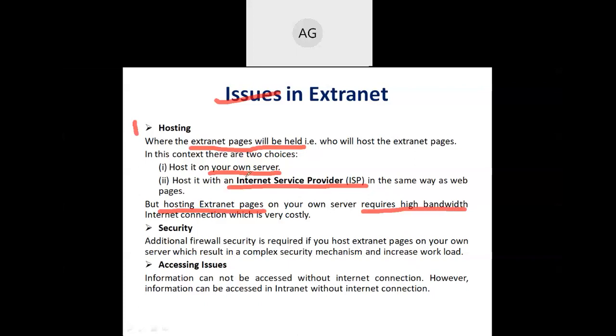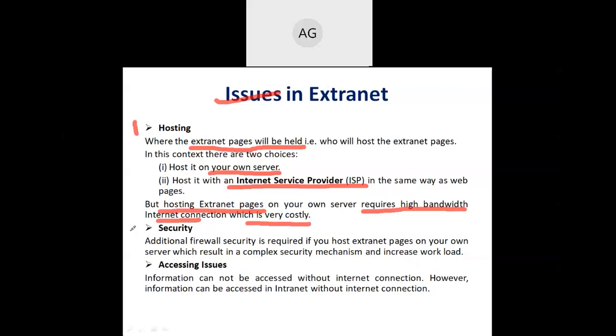If the first choice is used by the company, then it requires a high bandwidth internet connection, which is also very costly. So just remember, if a company wants to host the extranet pages on their own server, then they require a higher bandwidth internet connection, which is also very costly.